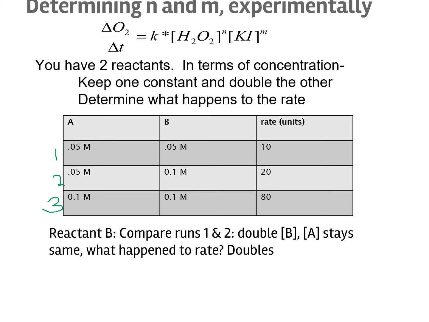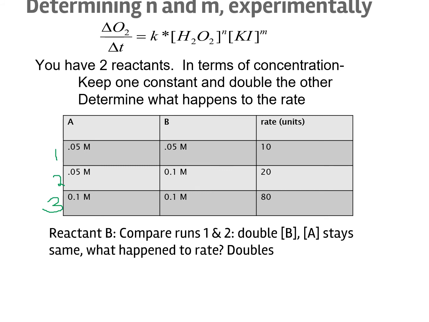In run 1, the concentration of A is 0.5 molar and the concentration of B is 0.5 molar. In run 2, though, the concentration of A remains at 0.5 molar, so it's constant. But the concentration of species B is now 0.1, which is a double.